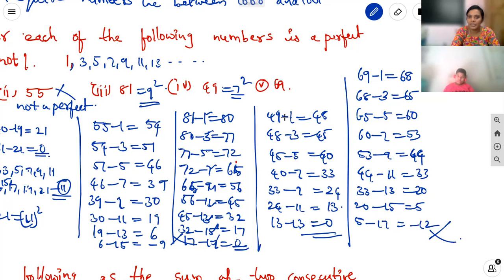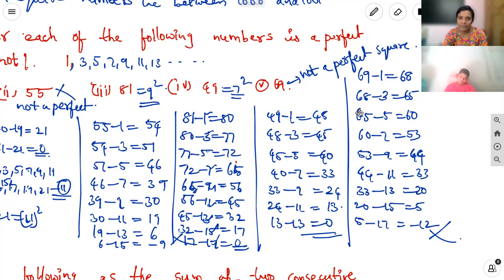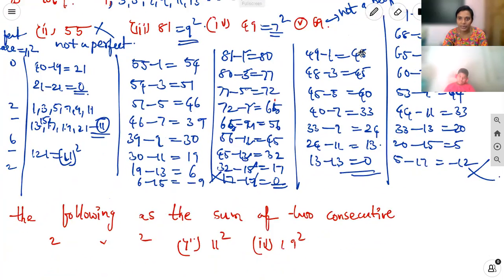So there is no 0. It is not a perfect square. That is the rule to find whether a number is a perfect square or not. Okay? This works when the number is an odd number.